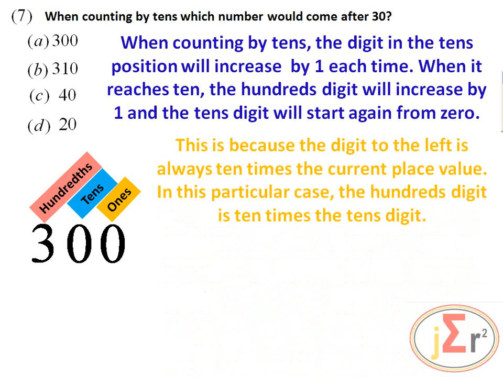This is because the digit to the left is always 10 times the current place value. In this particular case, the hundreds digit is 10 times the tens digit.